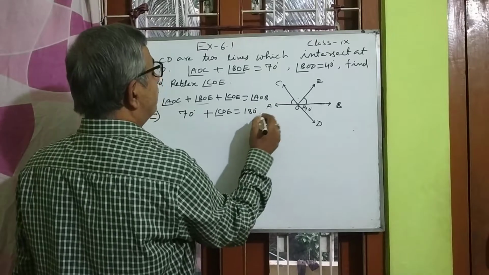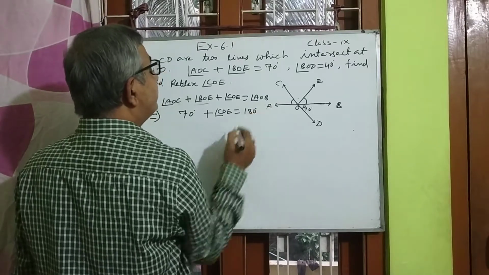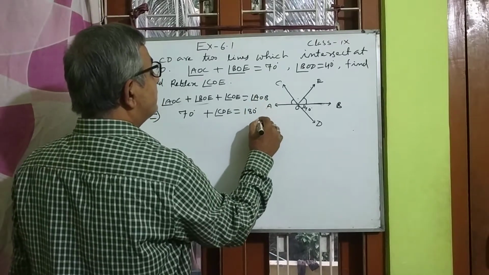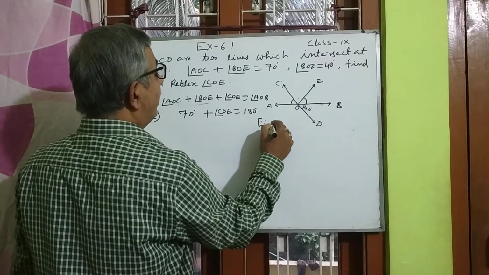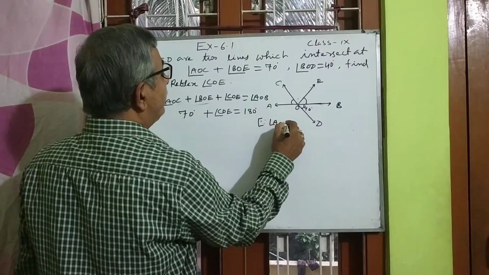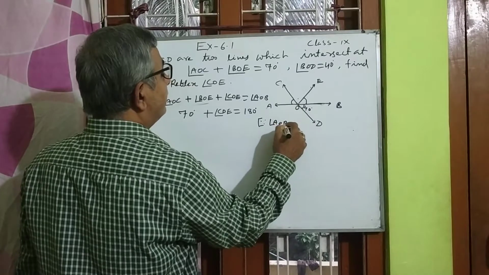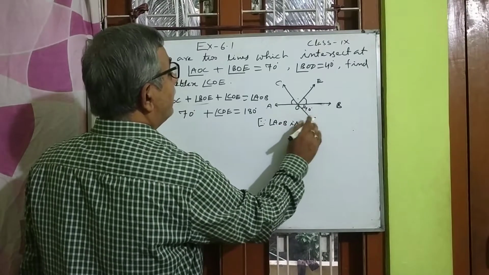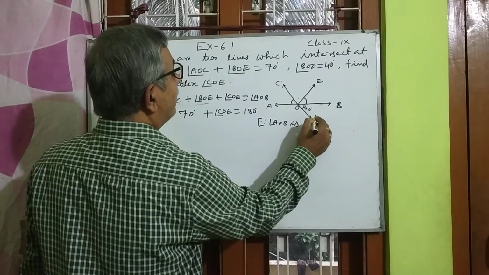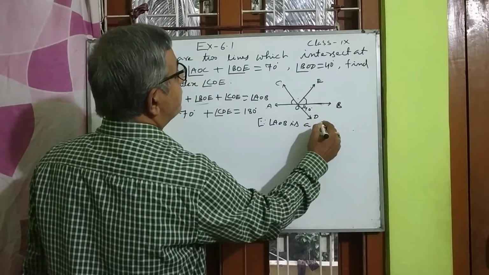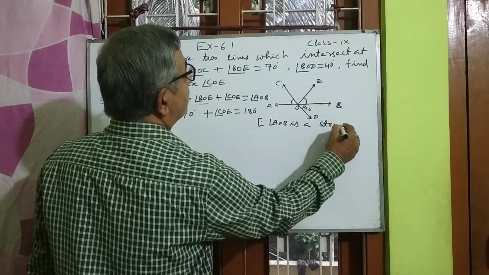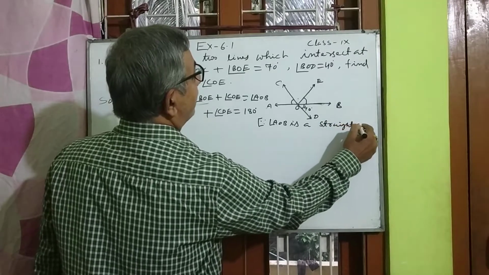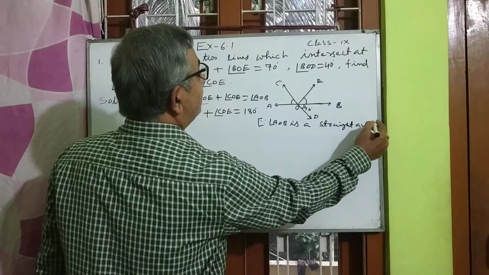You must write the reason. What is the reason? Since AOB is a straight angle. Clear?